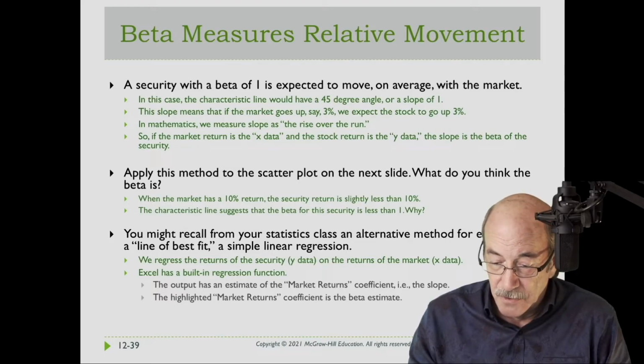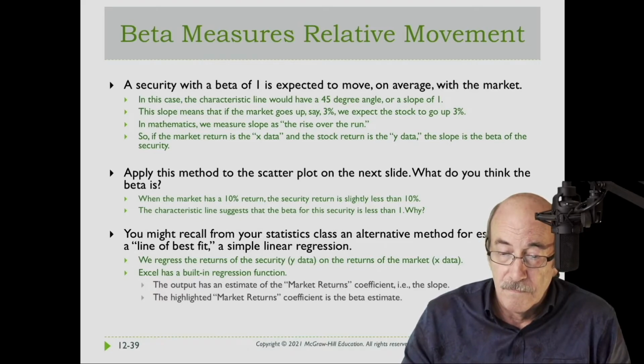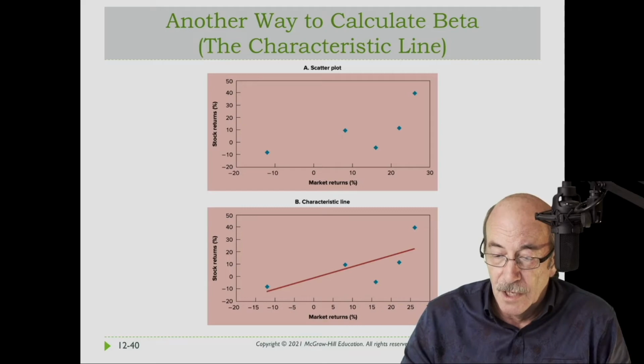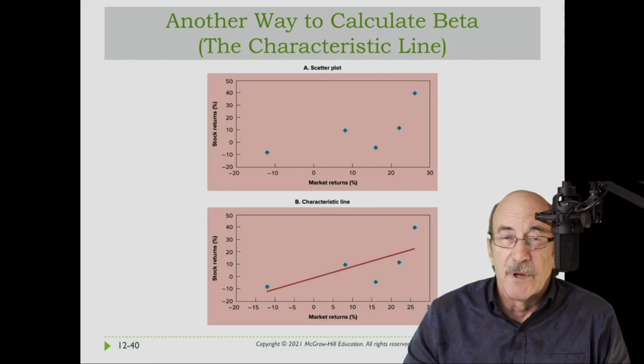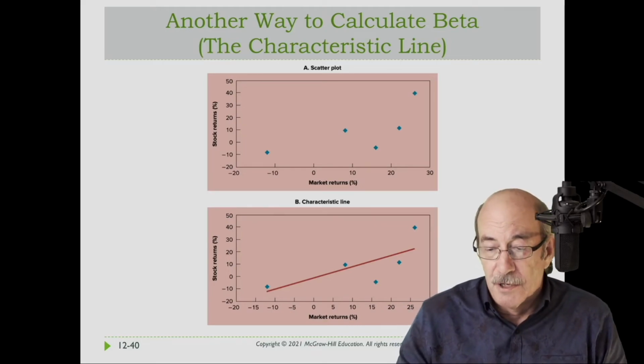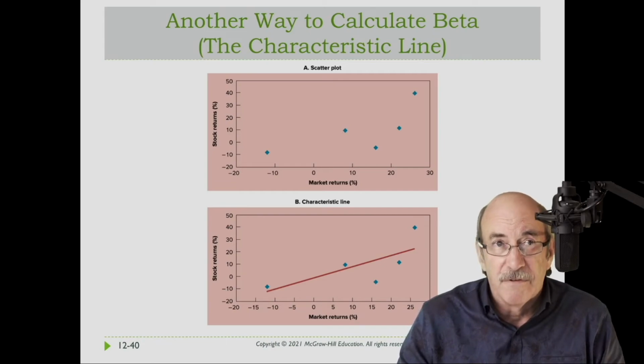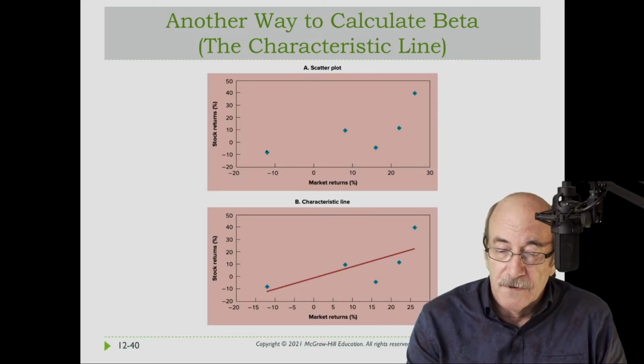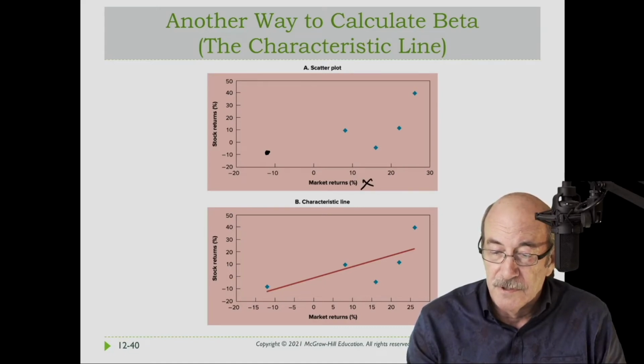And let's see, where else do I want to go with this? If we want to look at this from a graphical perspective, you all remember that ordinary least squares is if you've got a bunch of observations where we've got an x, so this is our x, that's our market return.